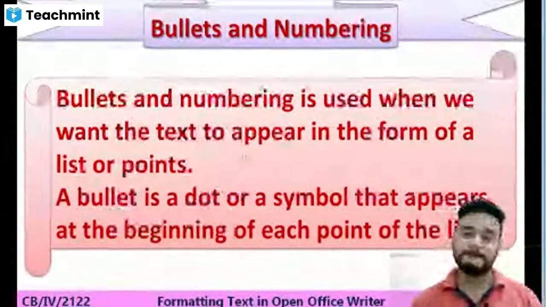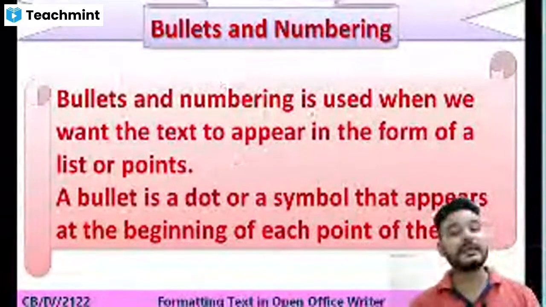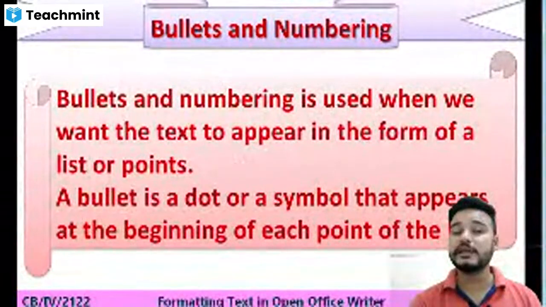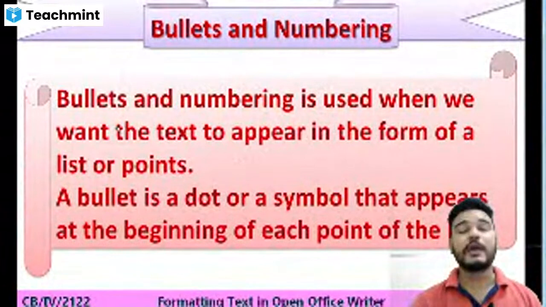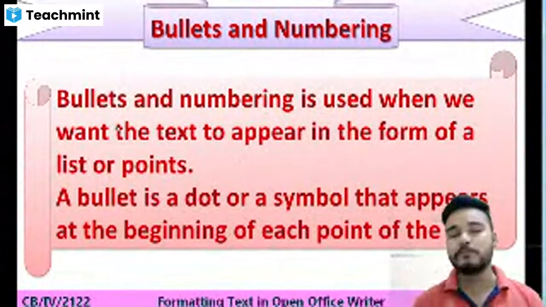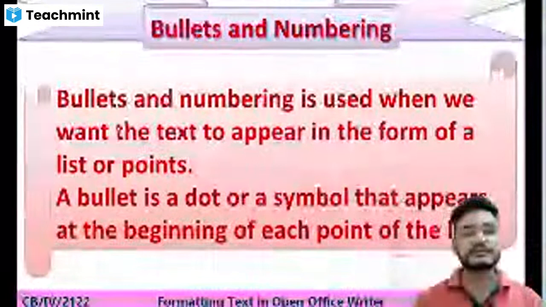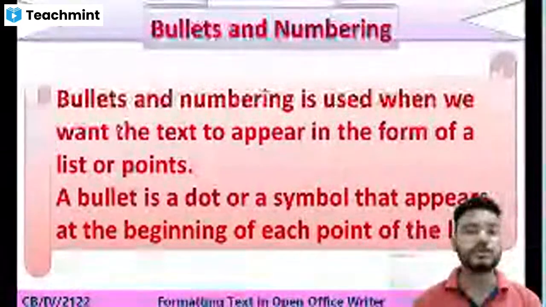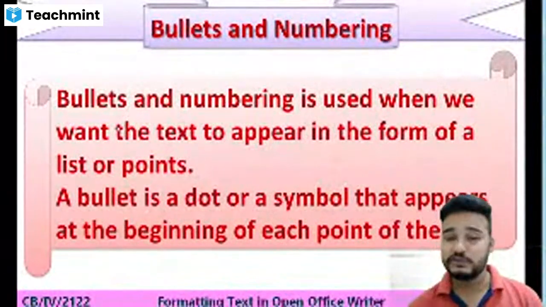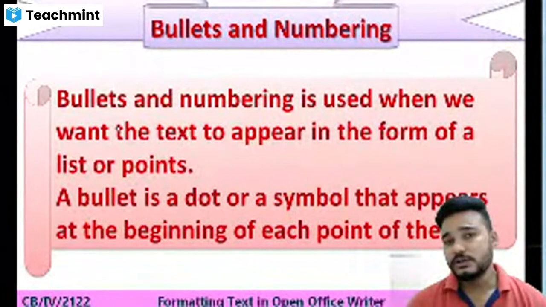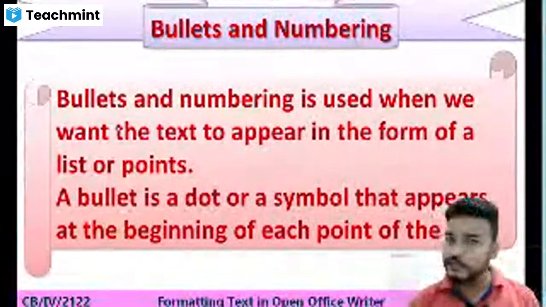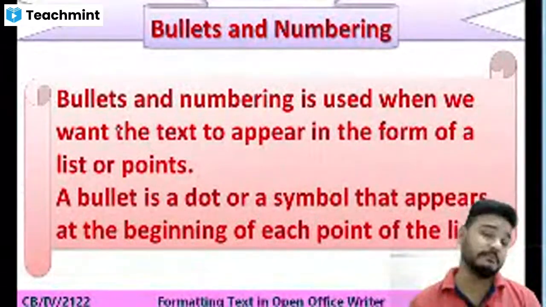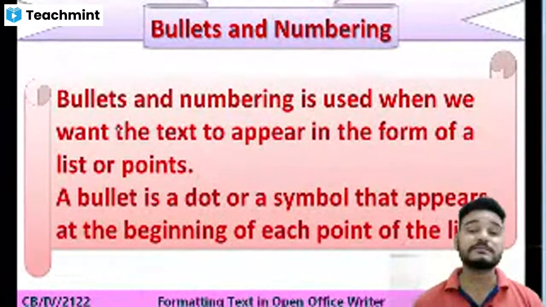Those are called bullets. So bullets and numbering are used when we want the text to appear in the form of a list of points. जब हमें एक लिस्ट की तरह उन्हें चाहिए, at that time we can use bullets and numbering. बुलेट में क्या होता है, ऐसा गन की बुलेट थोड़ी ना होती है. They don't have the same bullet, but they have dots and some symbols.